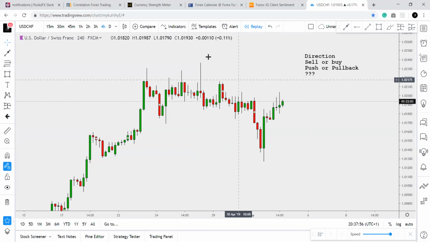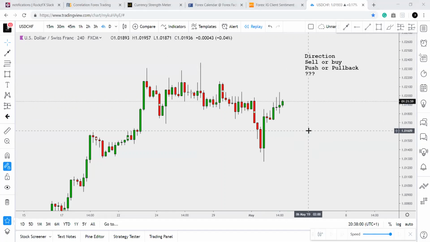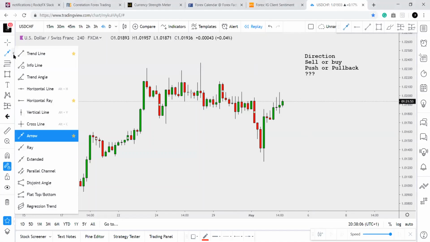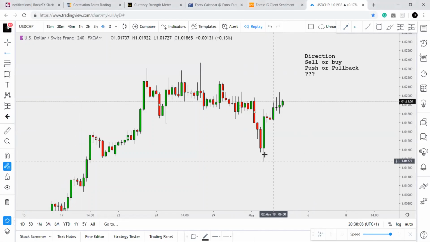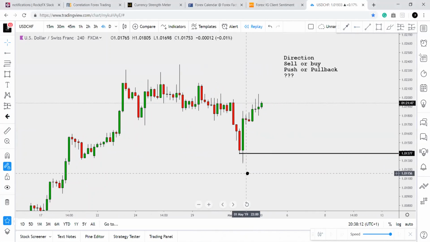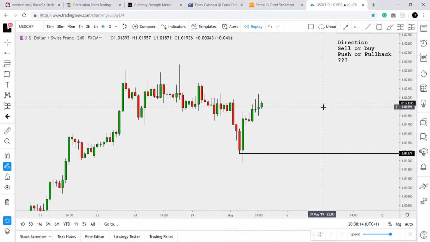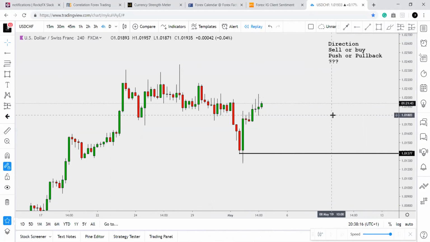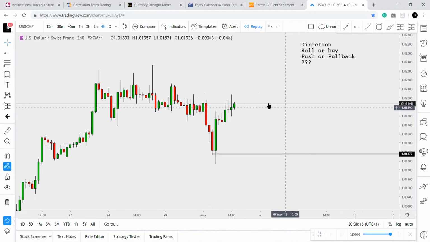So let's assume this candle is pushing down and it's not making a lower high, it's respecting the previous support. So somehow this becomes a double bottom. Yeah, exactly. So let's assume this candle comes down and respects this level and becomes a double bottom, in simple words.